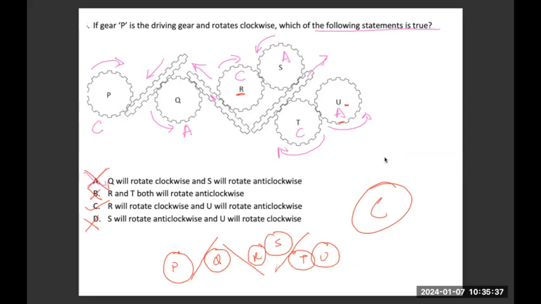Against this, just keep on writing. If this is rotating clockwise, then this will move like this. Like we have done this exercise, just keep on doing this. But you will have to make this kind of diagram in your notepad in order to solve this. Okay. Any doubts, any questions? Okay.